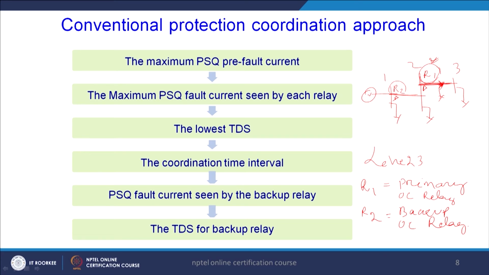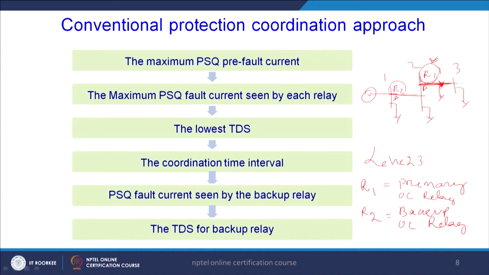Now, if this particular relay R1 fails, then only R2, which is the backup relay, will operate. And remember, R1 operates first, then R2 will operate later within a time gap of 0.3 to 0.5 second. This 0.3 to 0.5 second is not designed arbitrarily, it is the time required for operation of the breaker present for line 2, 3.